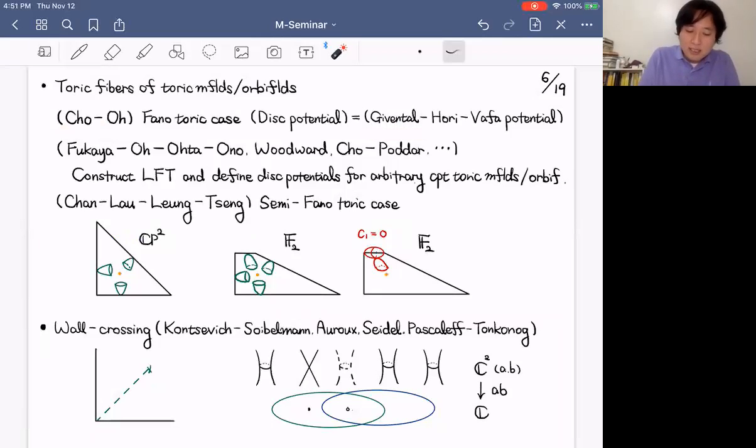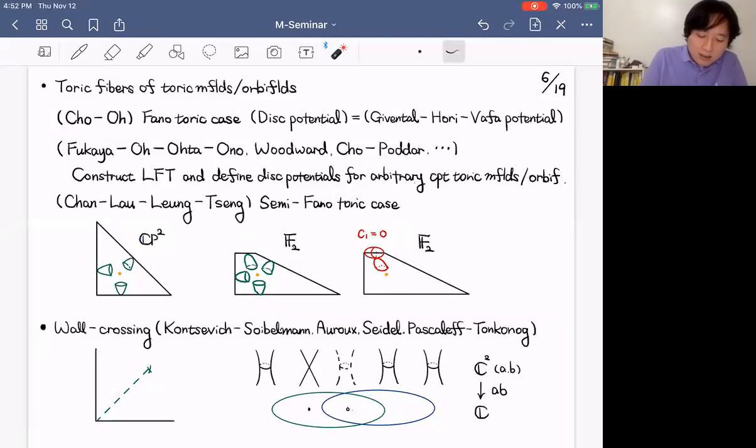Here is the example. We have CP2, and they prove that Maslov index two disks are in one-to-one correspondence with the facets of the moment polytope, or the components of the toric divisor. So in this case, they have three terms in the potential function.